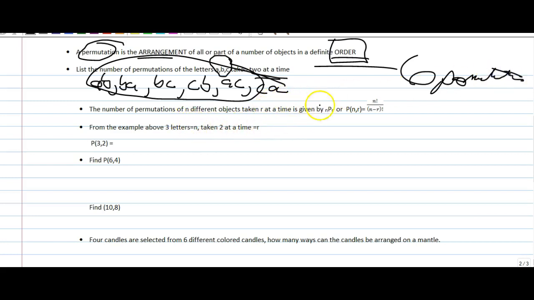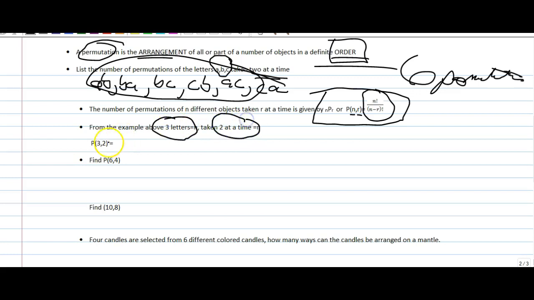Now we have a formula which we can use to compute the number of permutations of n objects taken r at a time. And it's given by the formula n factorial over n minus r factorial. So in this particular case, n is 3, so I have 3 letters, and r is 2. I'm taking them 2 at a time. So according to our definition, that's n factorial over n minus r factorial.